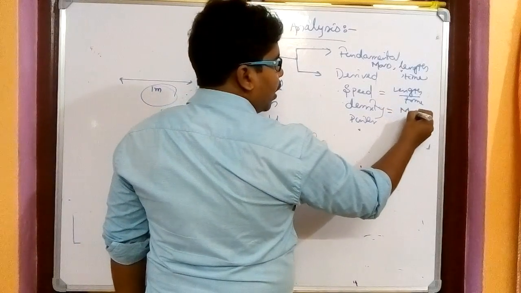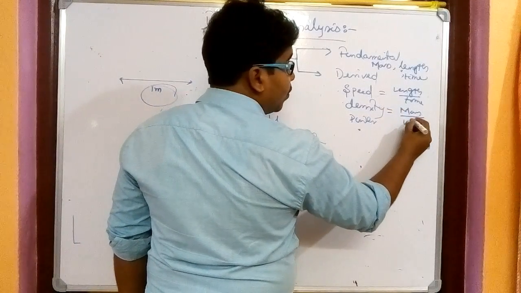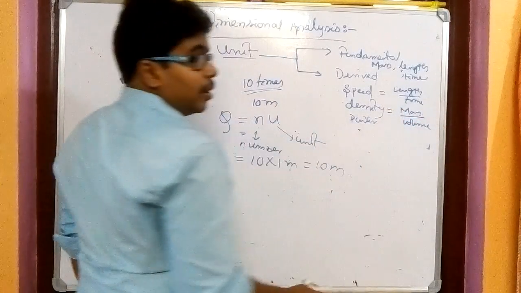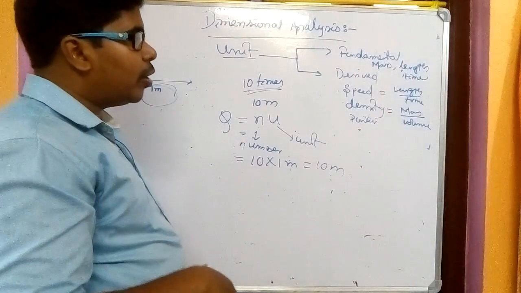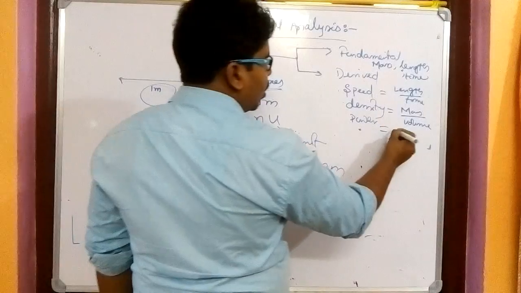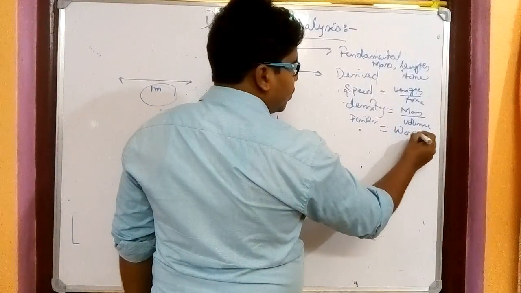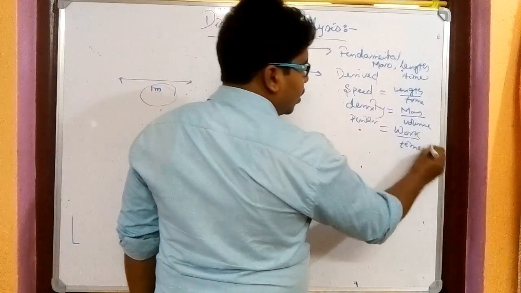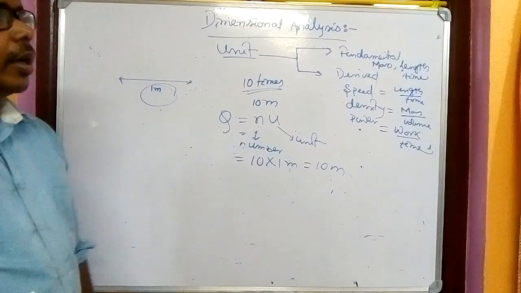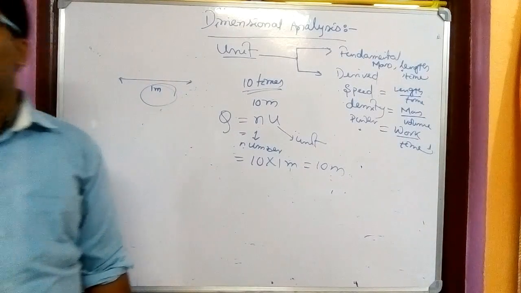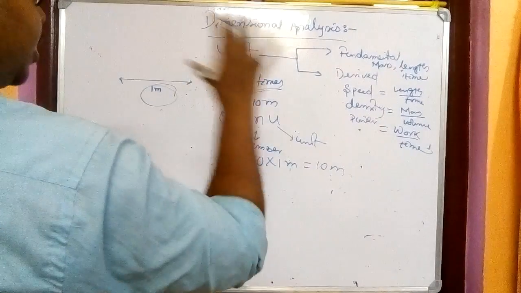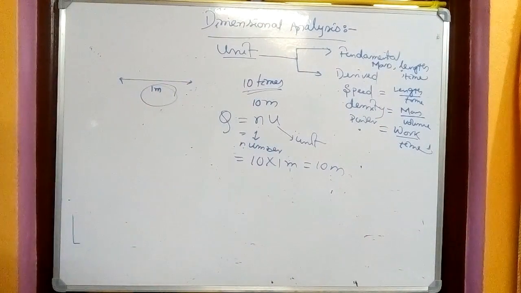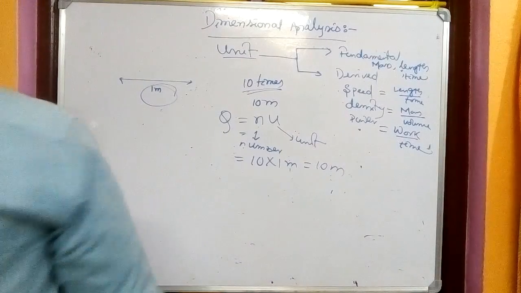Density is mass by volume, and volume means what? Length into breadth into height. Power is work done by time. So everywhere it needs two or more physical quantities to represent it. So these are derived units. That is the basic idea of fundamental and derived.